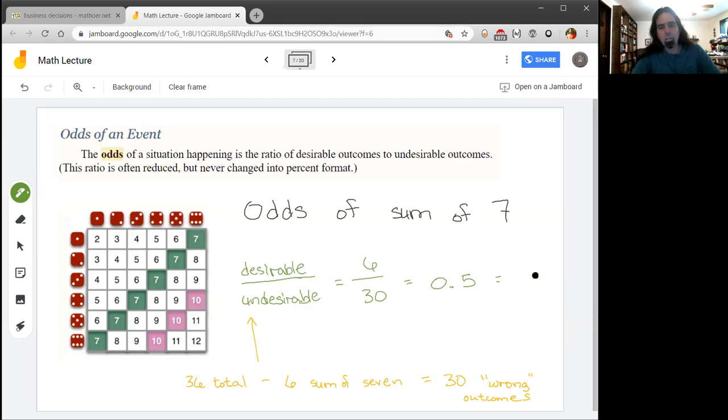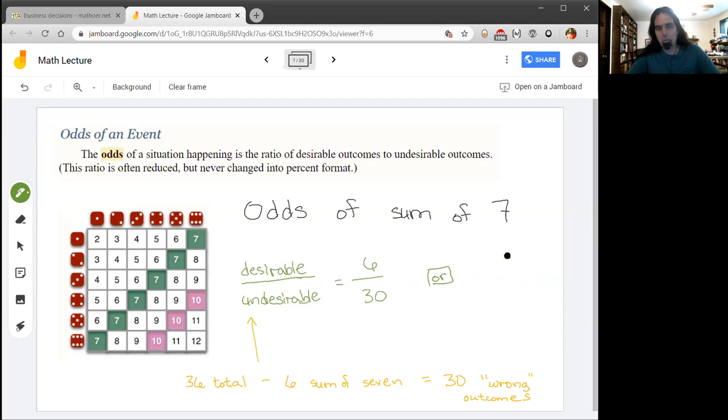We could change it into a percent just like before, but we actually don't. Instead, the tradition with odds is to leave it as a ratio and say 6 to 30. And sometimes we'll reduce it.